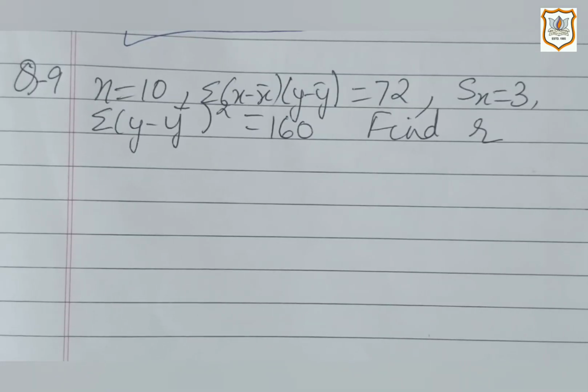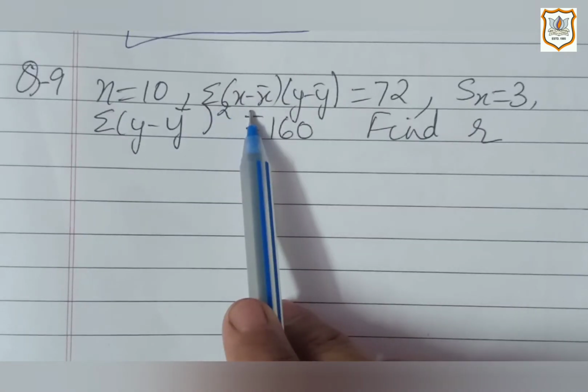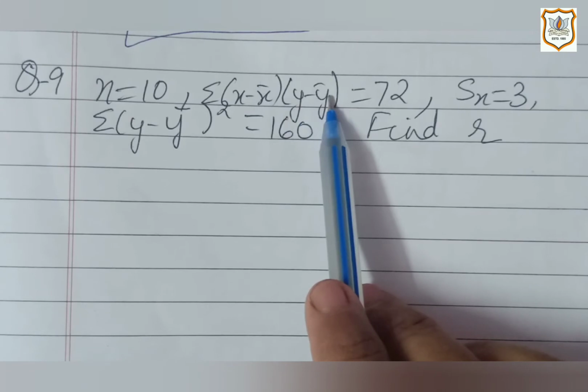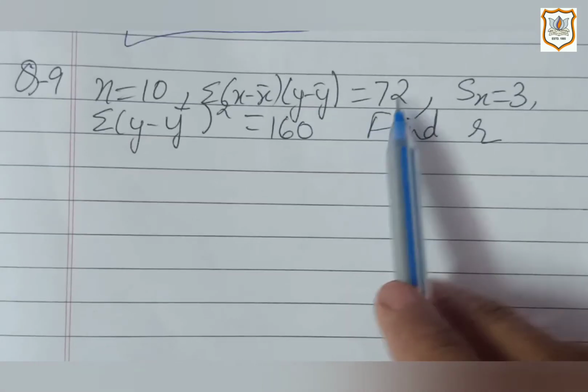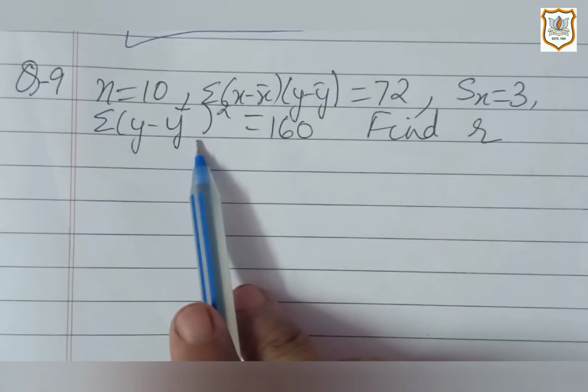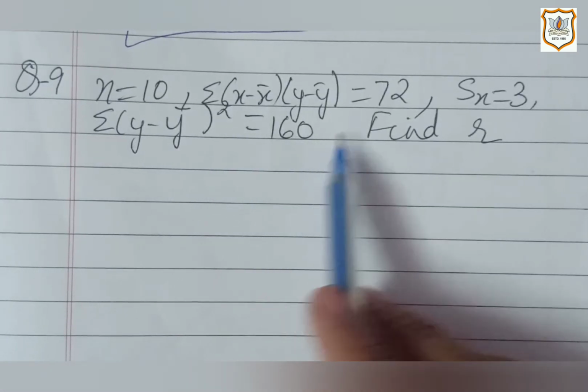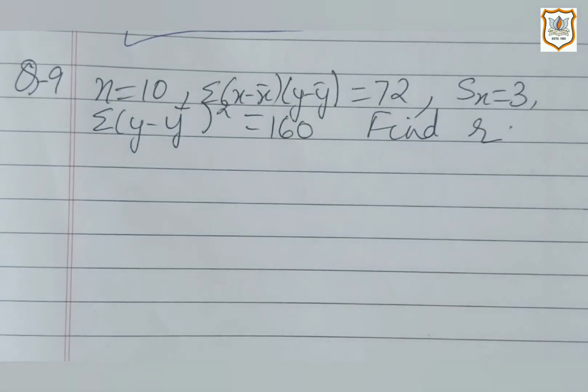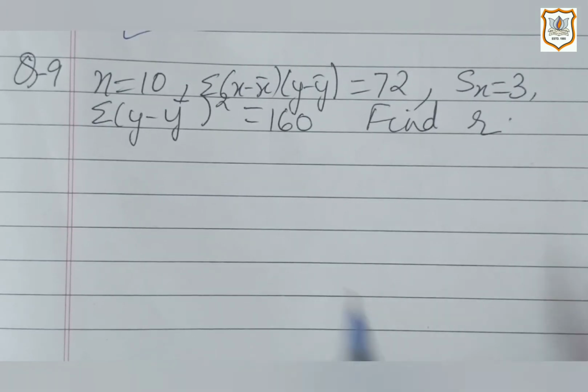Now let us take another question, that is question number 9. Here n is equal to 10. Sigma x minus x bar into y minus y bar is 72. Sx is 3. Sigma y minus y bar the whole square is 160, and we are supposed to find the correlation coefficient, that is R. So now what we will do?